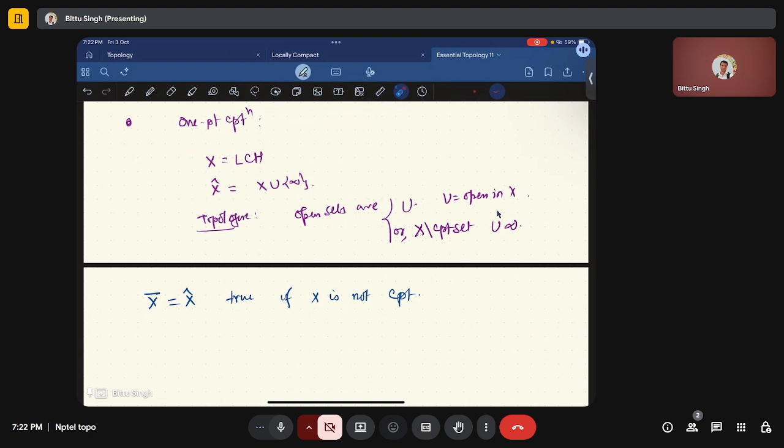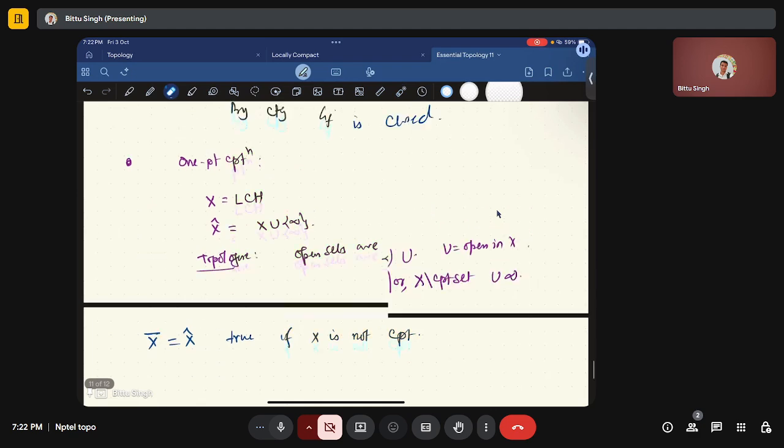Otherwise, there is some issue, because if we assume X is not compact, then infinity will be a limit point, right? Infinity of X hat will be a limit point. Take a neighborhood of infinity, which will look like X minus a compact set. It contains a point other than infinity, right? This is possible if X minus the compact set is non-empty.